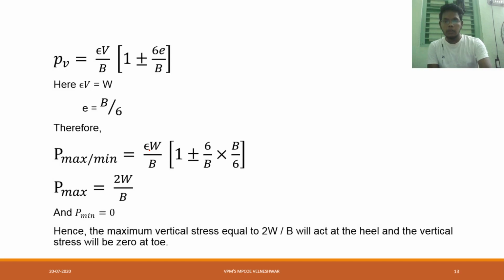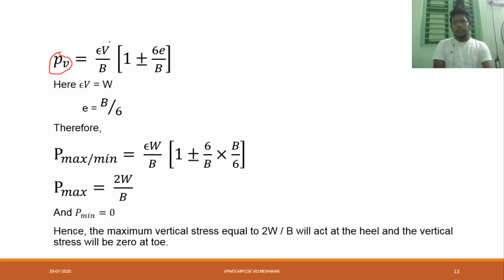Now let us see the derivation. Here P V is equal to sigma V divided by B into 1 plus or minus 6E divided by B. This is the standard formula as we have seen in our retaining wall design also. Whenever we are finding P max and P minimum, we will use it.